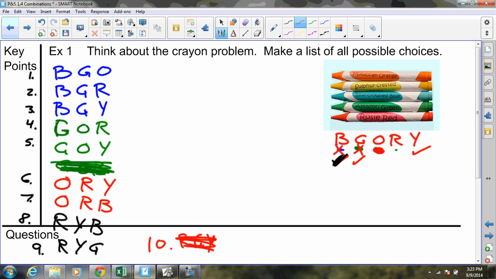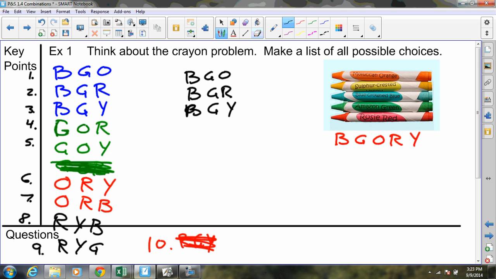Red, green, yellow, we have that one. You can see it's a bit tricky to get some of these. Okay, so let me back this up. So we'd have blue, green, orange, blue, green, red, blue, green, yellow, blue, yellow, orange.